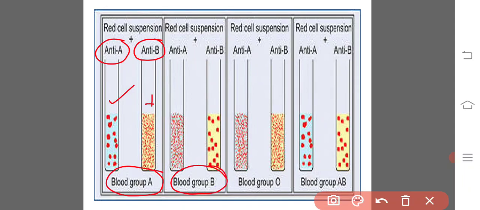If it is a B group, the antigen B clumps with the anti-B antibodies. So here there is no agglutination. And if it is blood group O, due to the lack of antigens, there is no agglutination in both the tubes. Whereas if it is blood of the AB group individual, due to the presence of both the antigens, there is agglutination in both the tubes.